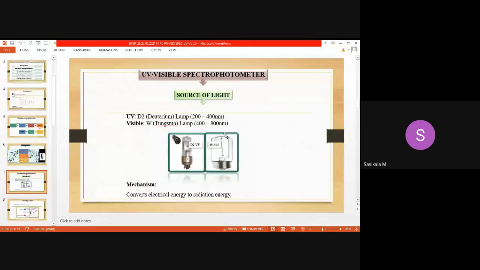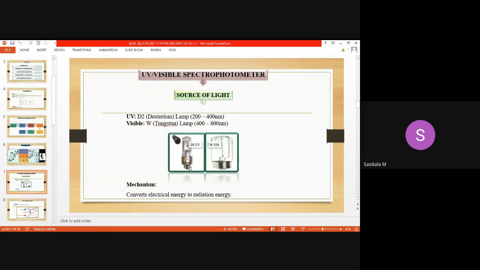And what is the mechanism of the source of light? How does it emit radiation? When it is switched on, it emits light energy. The mechanism is that it converts electrical energy to radiation energy. When electrical current is passed to the lamp, it emits radiation energy.